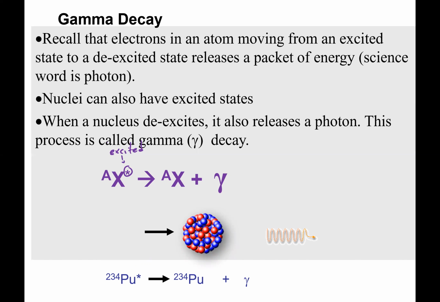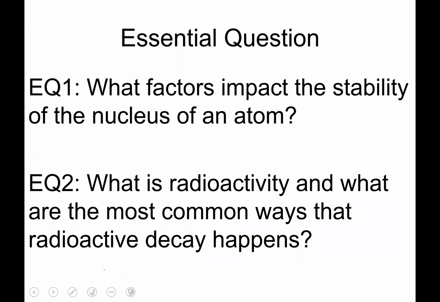Here's one example, plutonium-234, I forgot off the top of my head, either 93 or 94 is the atomic number. Anyway, whichever number you would put down there. This is one of the more straightforward ones, not much to it, but very important, and we'll talk about it later.